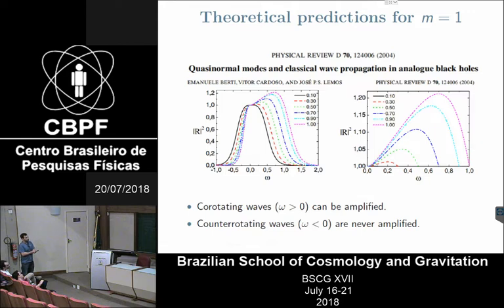In this plot, you need to focus on this part here. Different curves are for different background velocities, for different flows. This is focusing on the m=1 case, the first mode, which is the one you can amplify better.